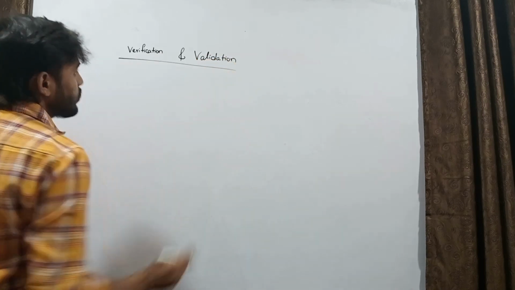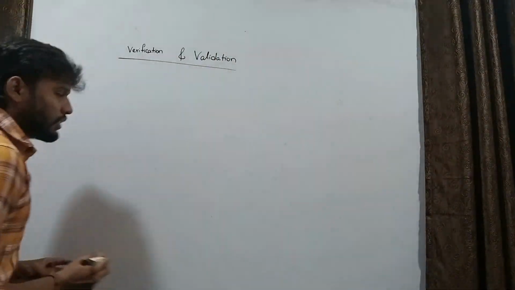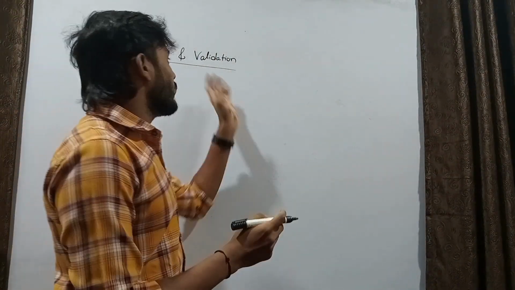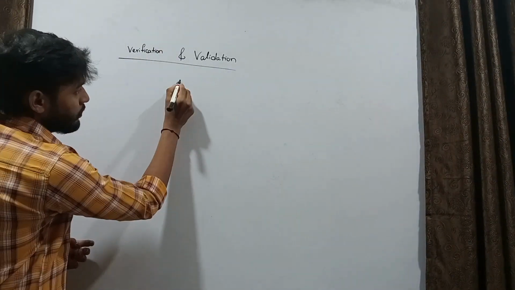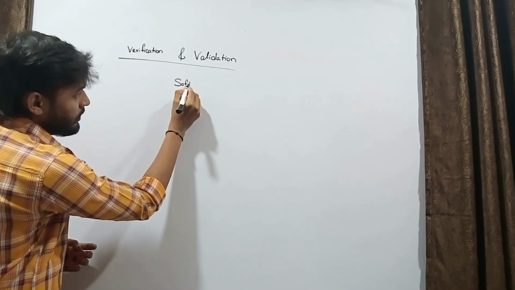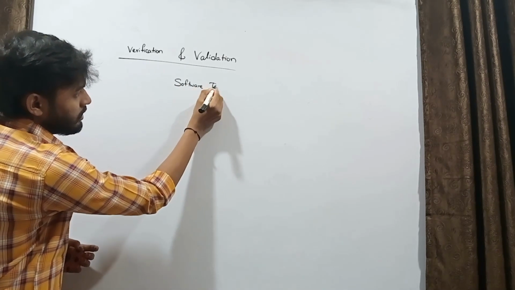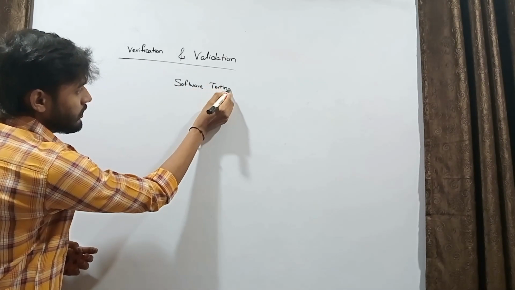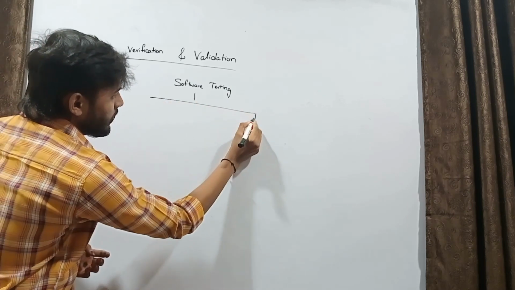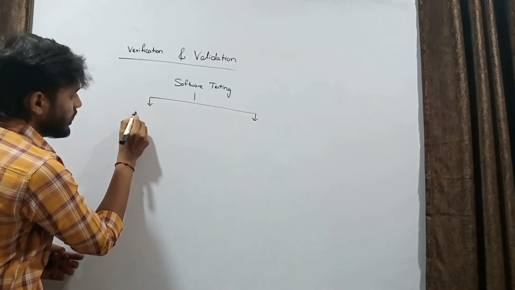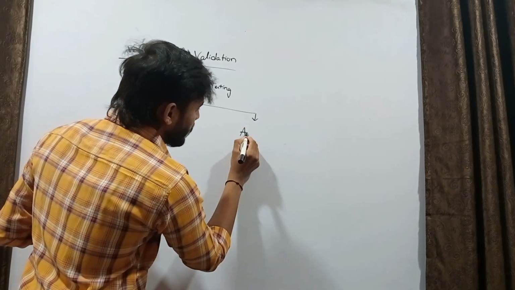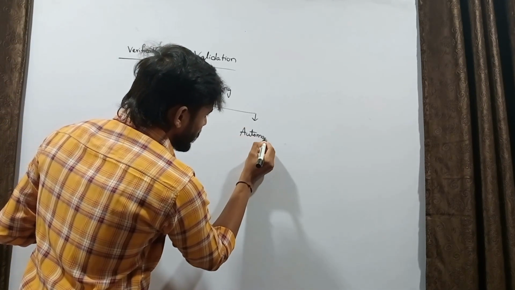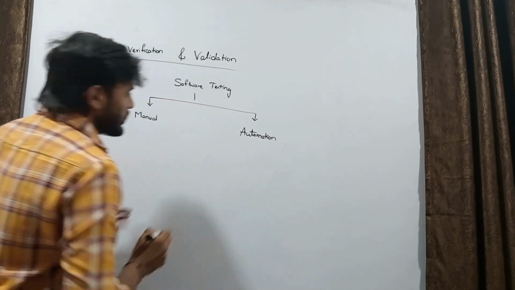Before observing verification and validation, we need to know the flow, why we are following verification and validation. So we need to follow one flow chart. Initially, software testing was divided into two types: one is manual testing and the second one is automation testing.